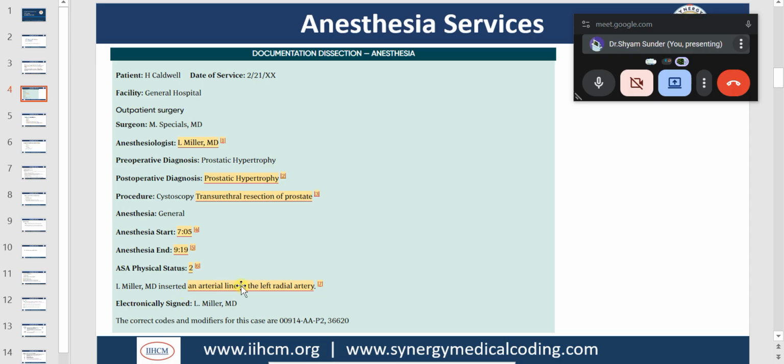So that is also documented. And finally, signature. Right. So these documentation elements must be documented by the anesthesiologist. So based on this information, the coders are going to do abstraction and assign codes. And of course, you have to look at some other documentation also. We'll see.